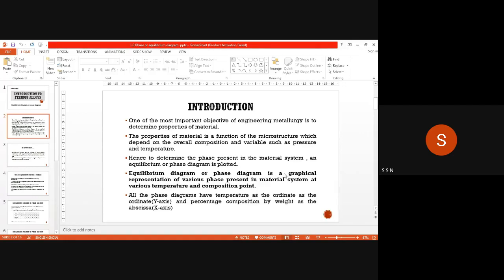If that composition changes, that means if somebody adds more sugar, then that tea will become sweeter. And if somebody adds more tea powder, it becomes less sweet, or it will have some different property. So similarly here also, as the composition of that alloy or material changes, it has a different microstructure and different properties.